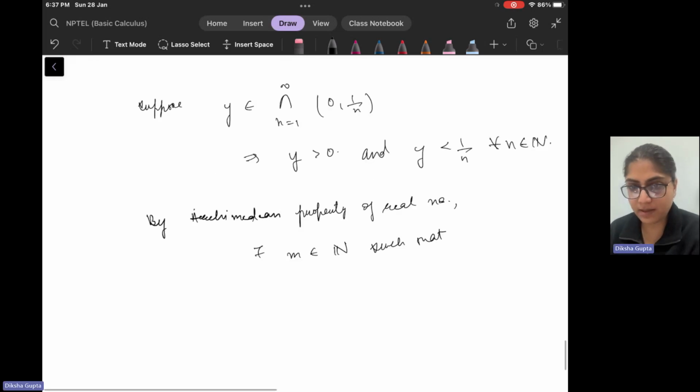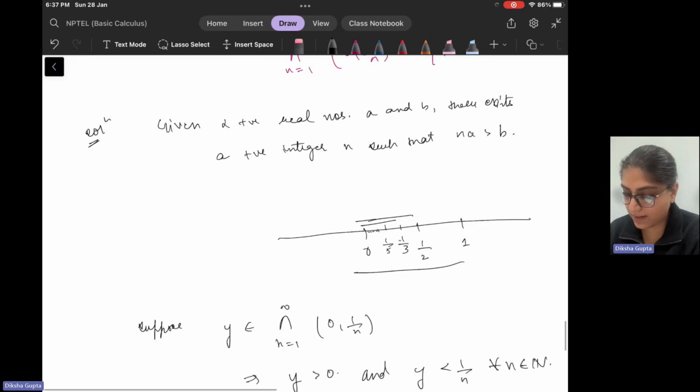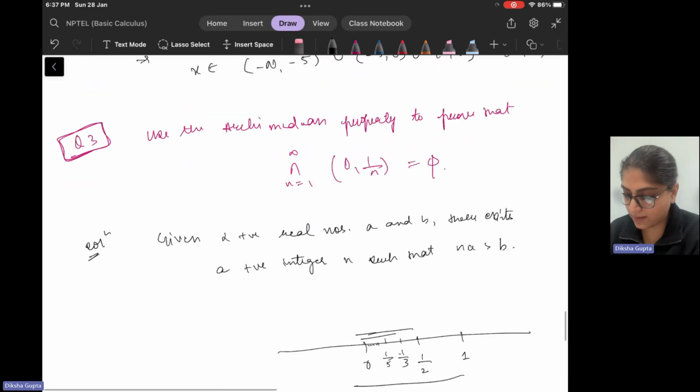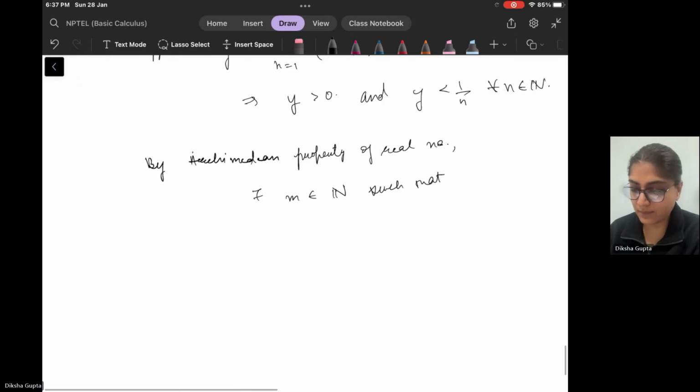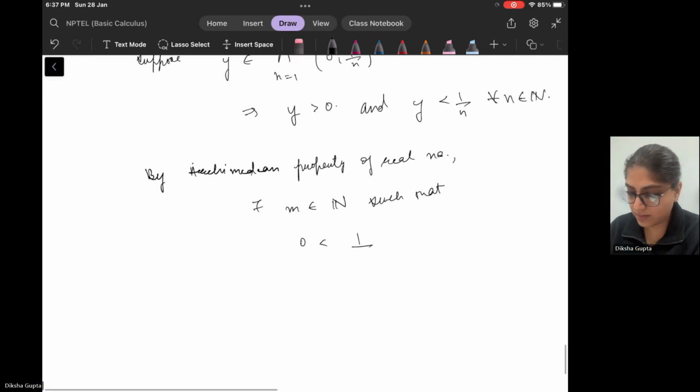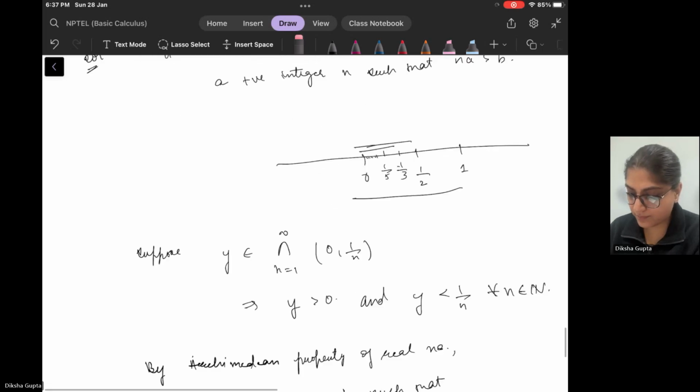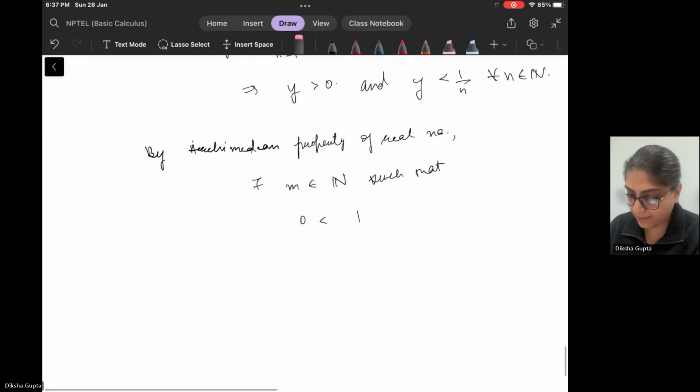y and m are positive, and 1 is positive, so we can find m such that m times y is greater than 1, right?